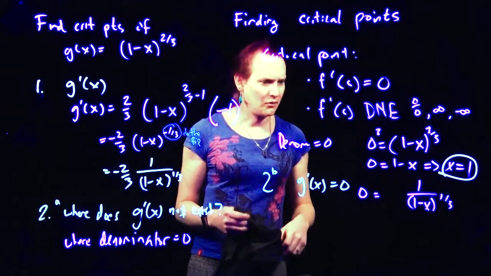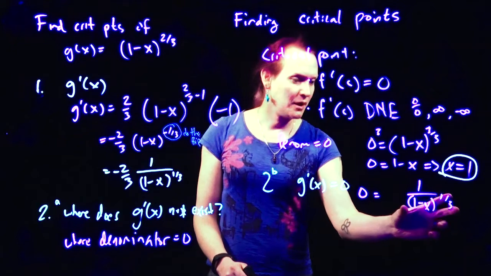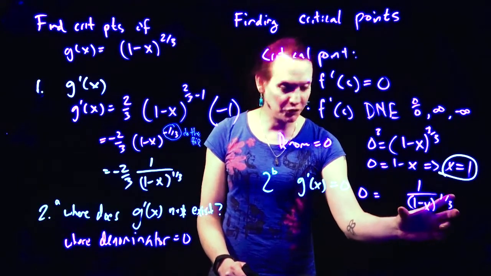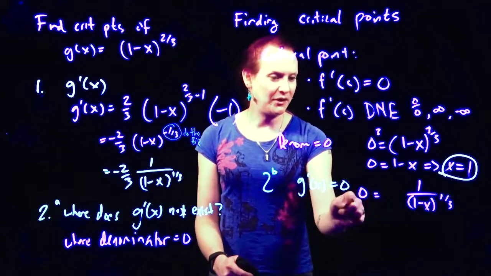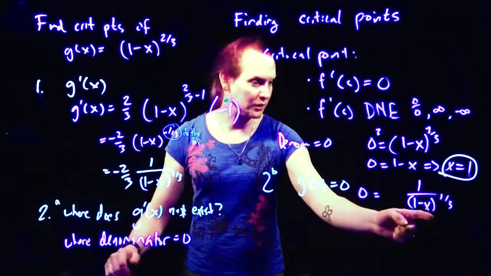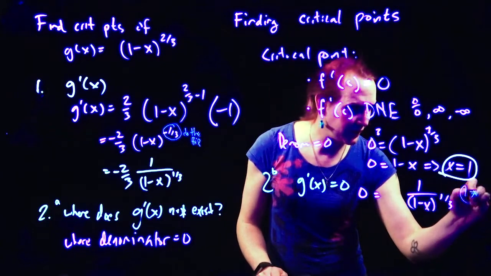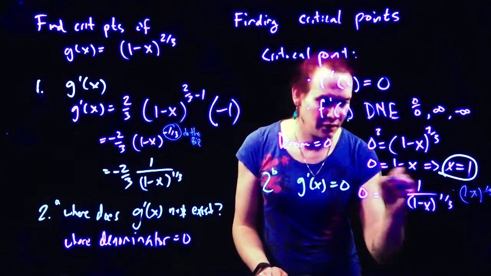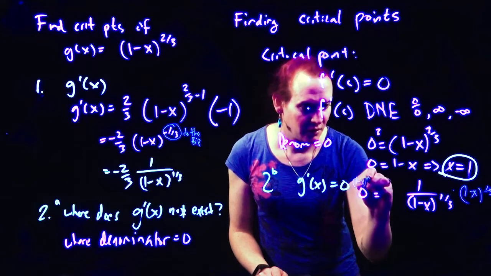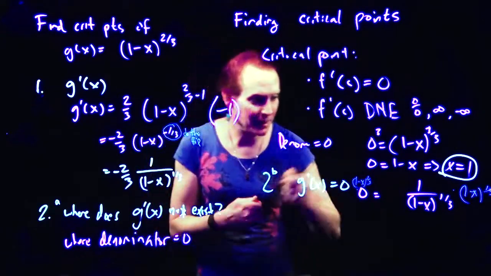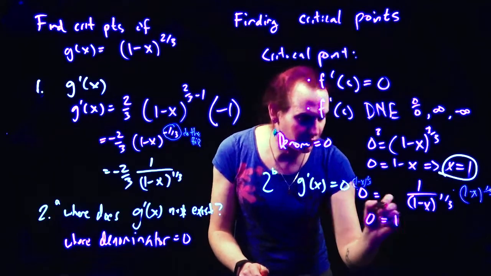So we'll assume that x is not 1, and we'll multiply both sides by 1 minus x to the 1/3. But 0 times anything is 0, which means that my conclusion then is 0 equals 1.